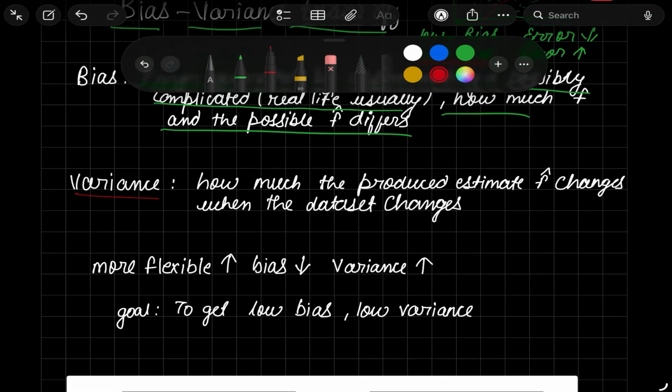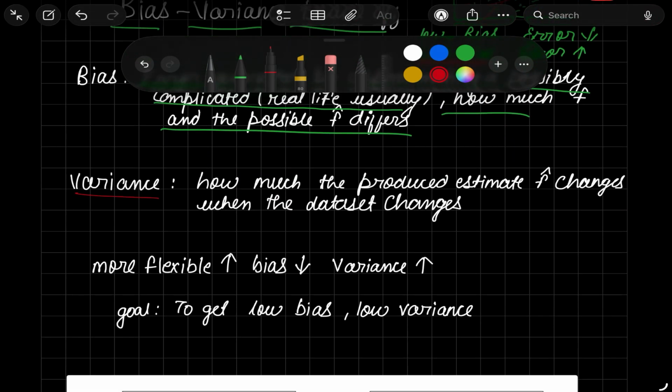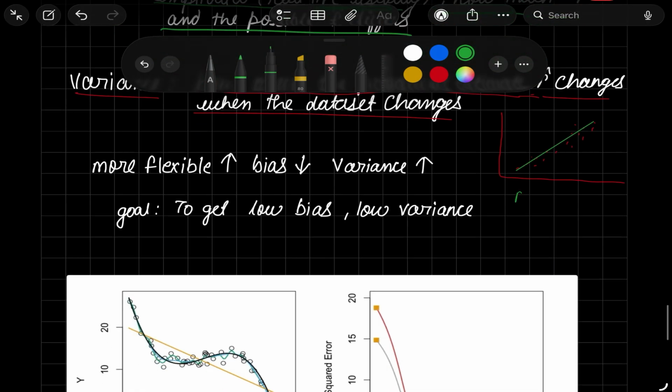Okay, so what is variance actually? By definition, it is how much the produced estimate f hat changes when the data set changes. This was our data, and we made a linear bias. Our bias was low, which means error is low.